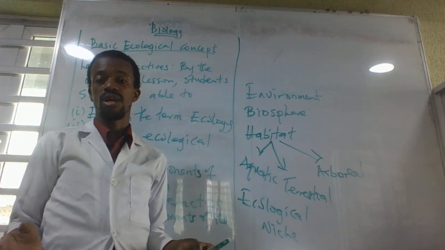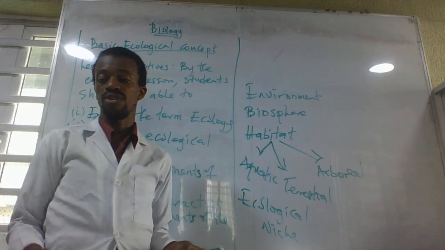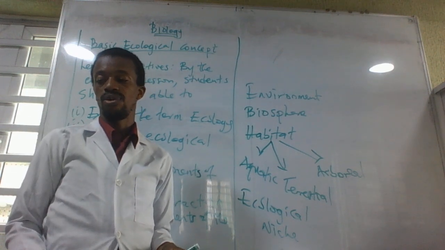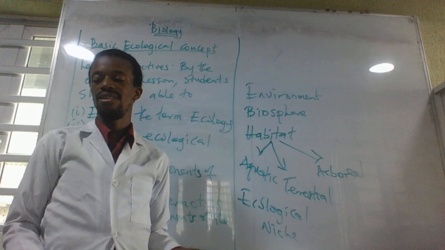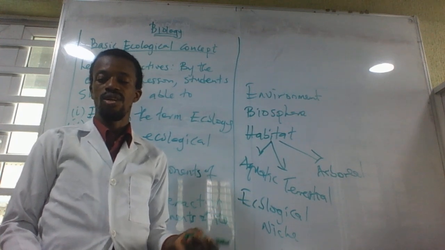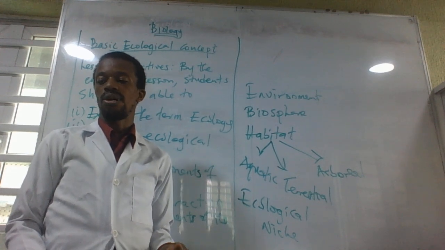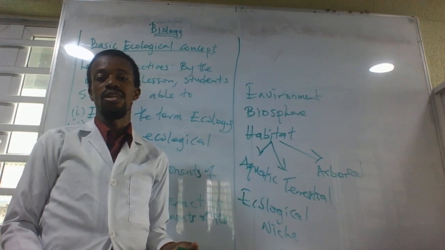They undergo what we call the heterotrophic mode of nutrition. They may be primary, secondary, and tertiary consumers. Non-green plants, protozoa, and so on. I'm going to show you a chart to see how these are arranged.